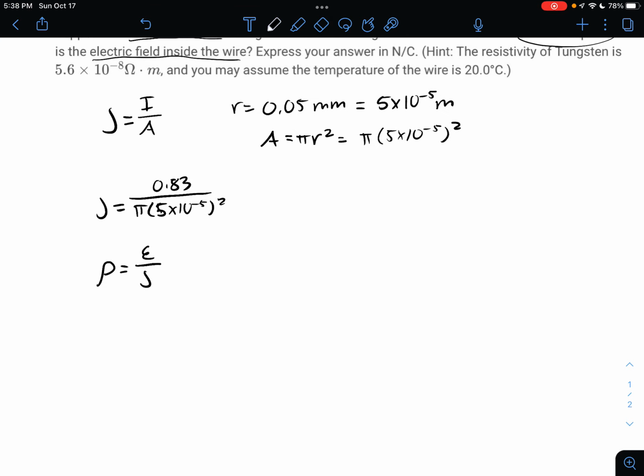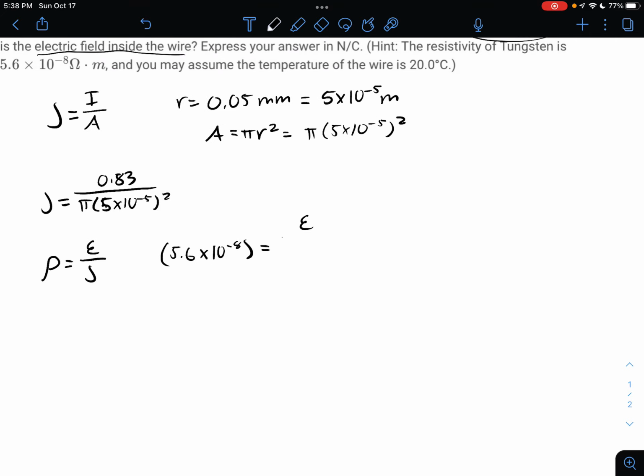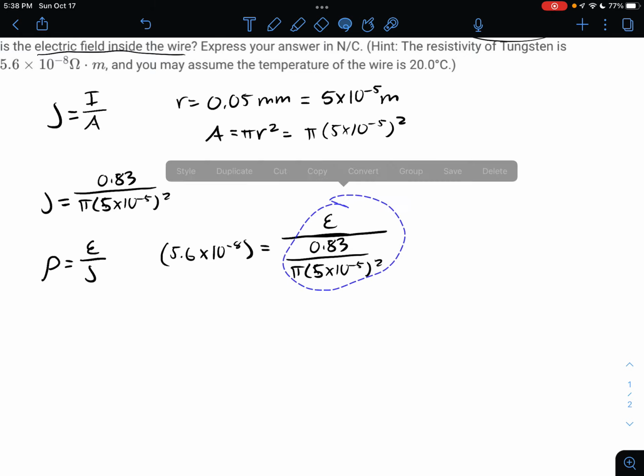So we have our resistivity, 5.6 times 10 to the negative eighth, equals E over that current density, because I'm too lazy to write it again. And this is just our big dividing line between the numerator and denominator there.